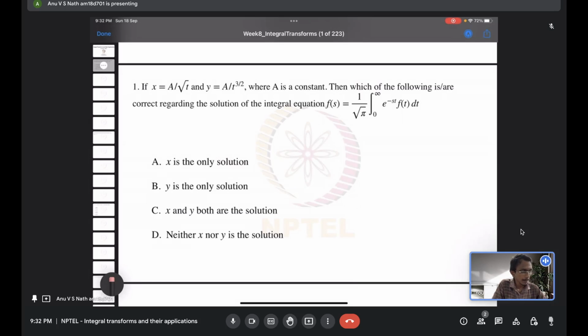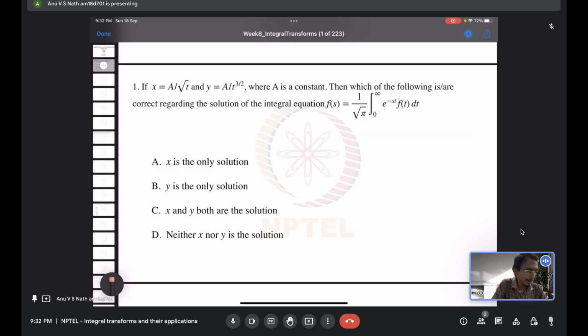The options are also given, and it says that x and y are suspected solutions. Either x or y or both or neither can be the solution. You can try them out and check whether it works or not. If you just observe, x and y have the same format, right?